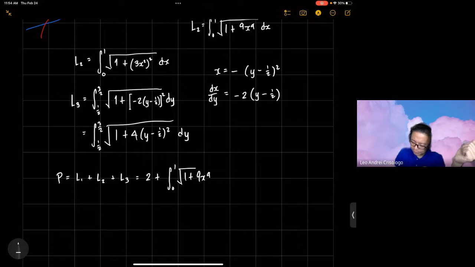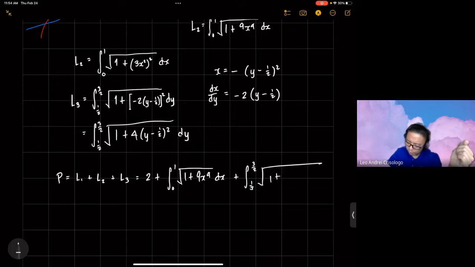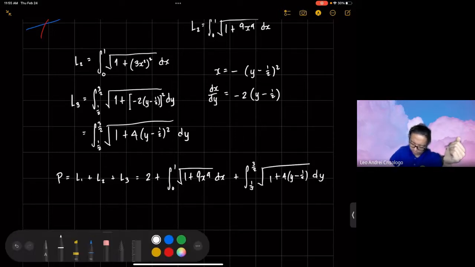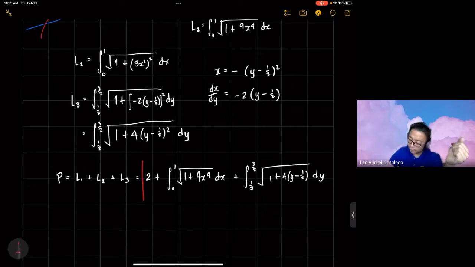Ito yung nakuha natin kanina for L2. And L3, which is yung along y na integral, from 1/2 to 3/2 of the square root of 1 plus 4y minus 1/2 quantity squared dy. And this will be our final answer for this problem.